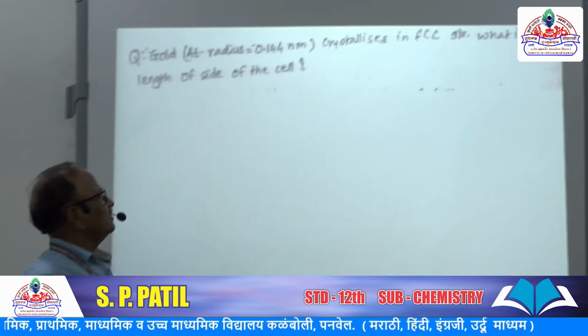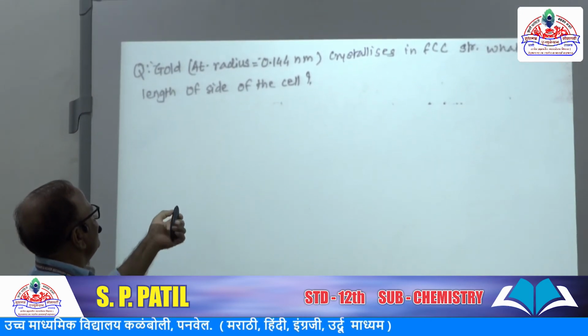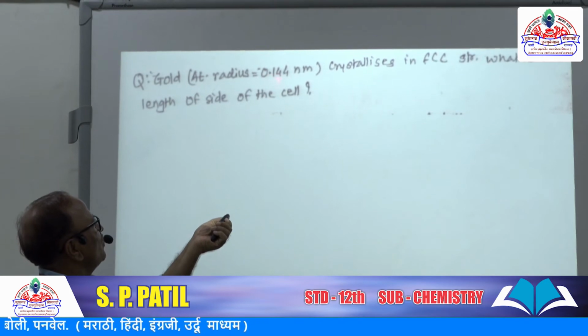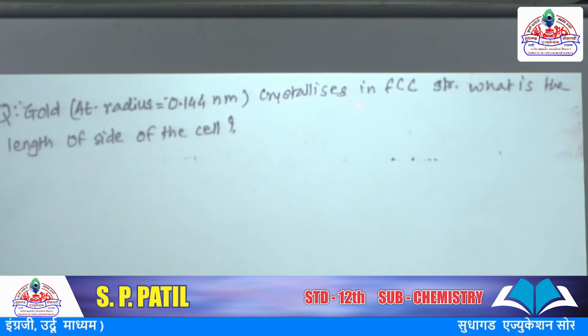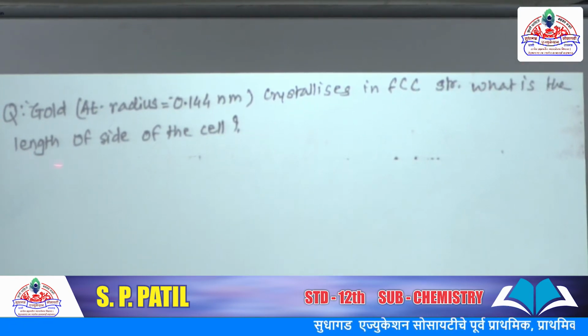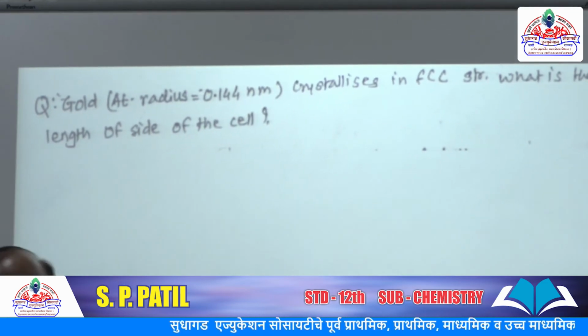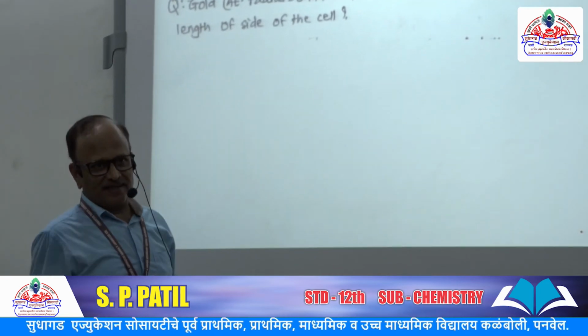Gold crystal. Gold whose atomic radius is 0.144 nanometer crystallizes in a face-centered cubic structure. What is the length of the side of the cell? What is the edge length of the unit cell?